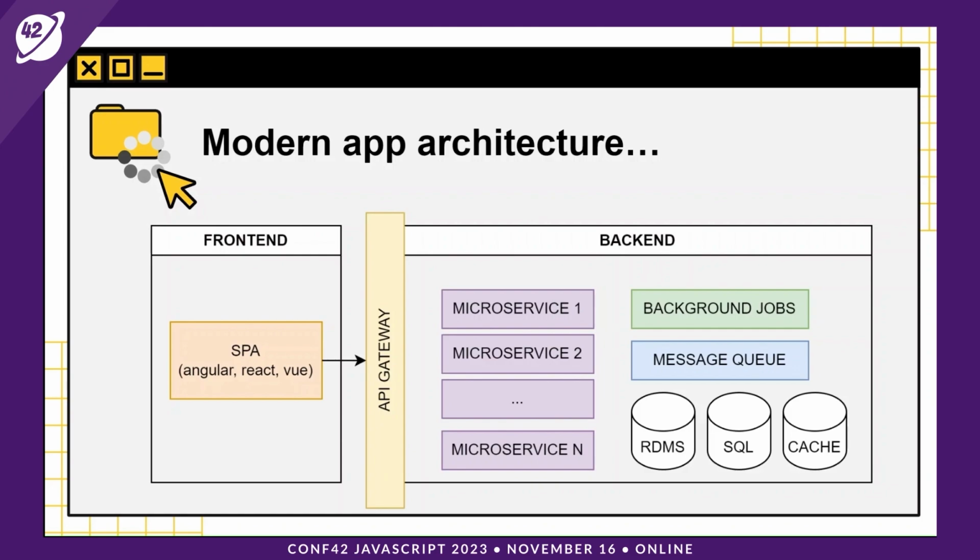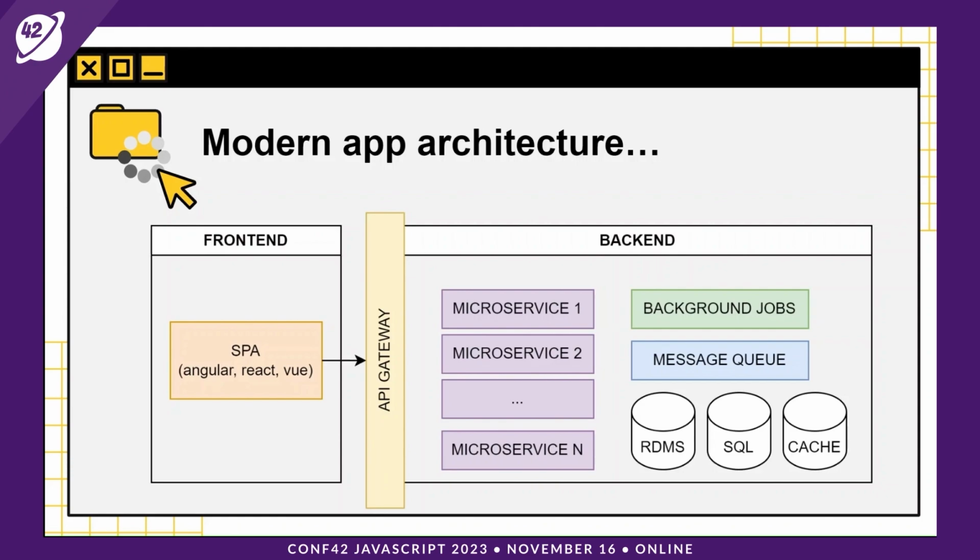Maybe you have some background jobs in your infrastructure. You can have a message queue to make the microservices communicate together, and you can have relational or non-relational databases, or database caching. Then you have a front-end application that's usually a single-page application, a modern application that communicates through APIs with the backend, and that's good.